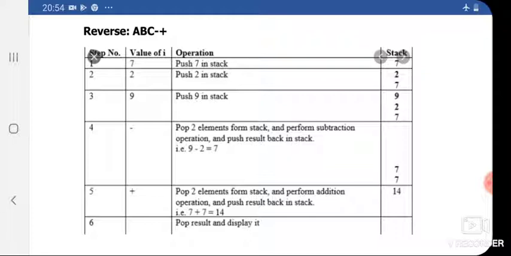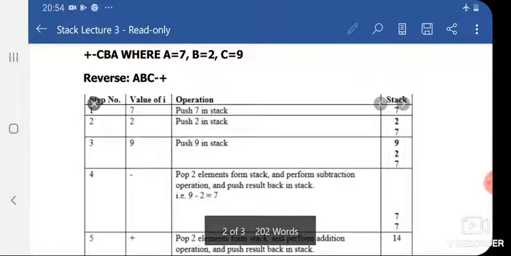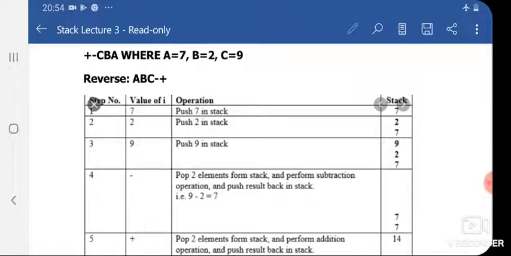First symbol is a, that is 7, which is an operand, we push it to the stack. Next b, which is 2, which is an operand, again we push it to the stack. Next c, which is an operand, again we push the value 9 for c to the stack. Next is minus, which is an operator.